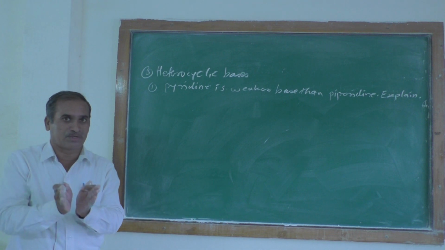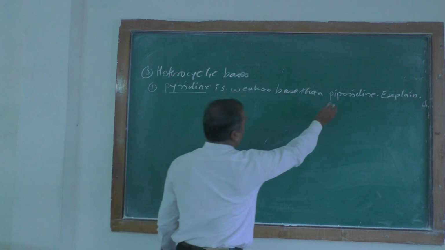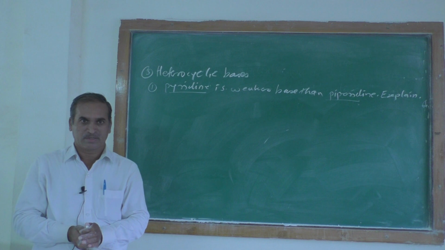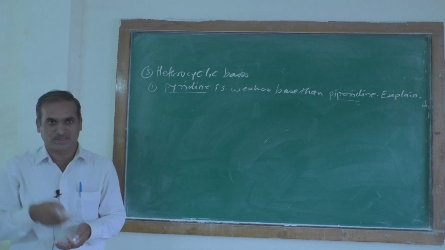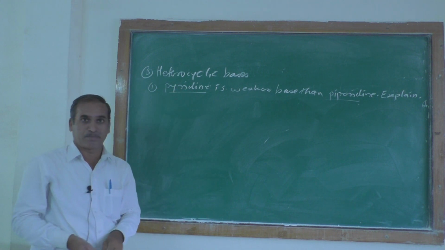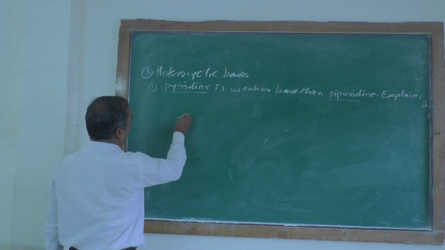What is our first job, first business? To draw the structure of organic compounds. As far as my knowledge is concerned, everybody knows the structure of pyridine and piperidine. Now let us look at the structure of pyridine.